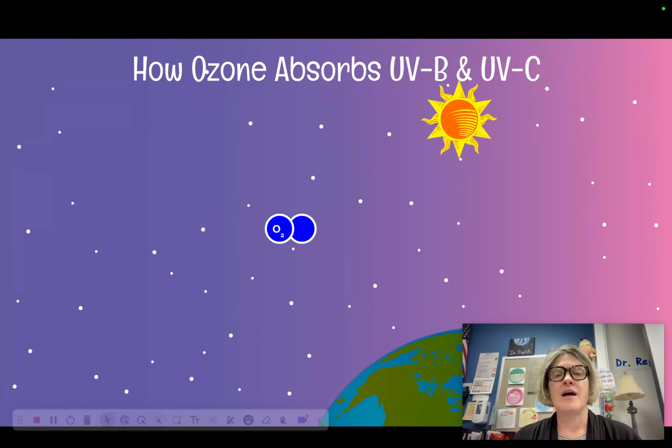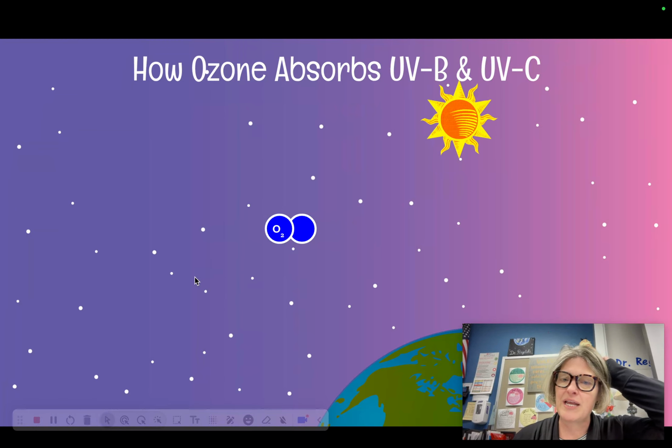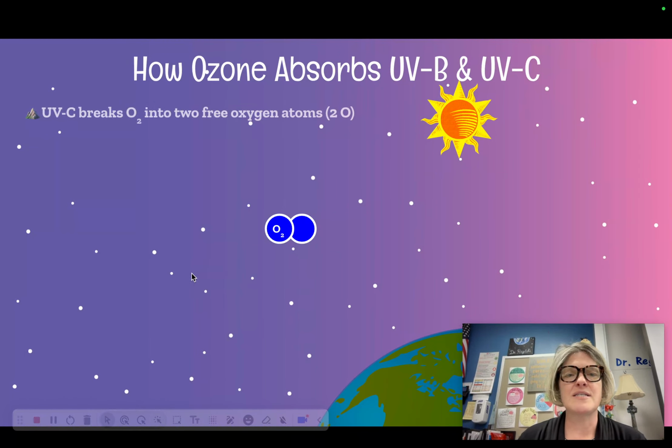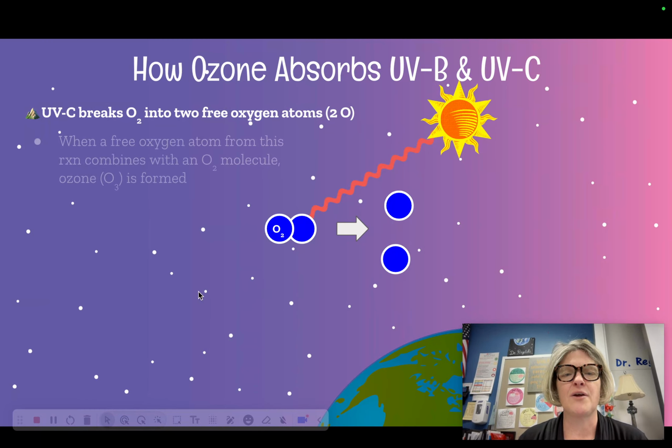All right. So how does ozone actually absorb this UVB and the UVC radiation? Well, what it does is the UVC radiation will hit an O2 molecule in the atmosphere, and it will split the O2 molecule into 2 oxygen atoms, as we can see here.